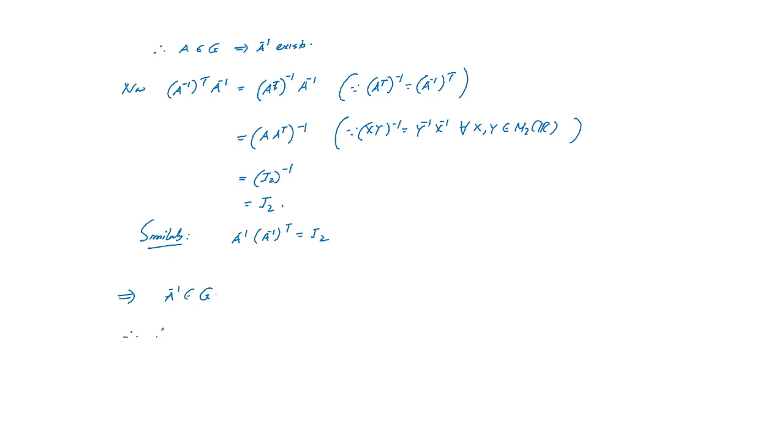So A inverse belongs to G for all A belonging to G. That means for all A belonging to G, there exists an element A inverse belonging to G such that A A inverse equals identity equals A inverse A. So all the properties hold: closure, associativity, existence of identity and existence of inverse.